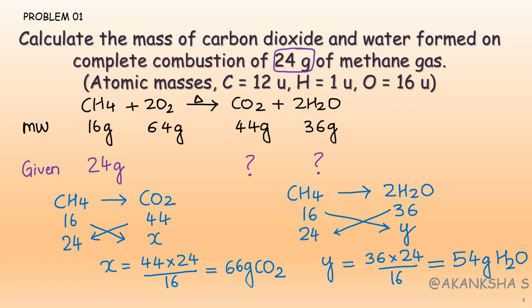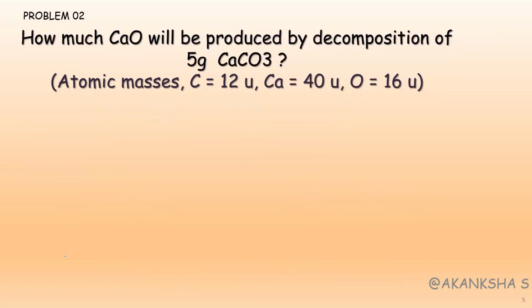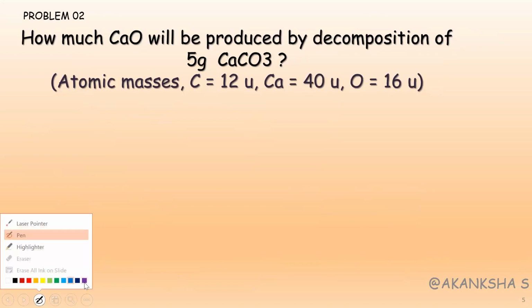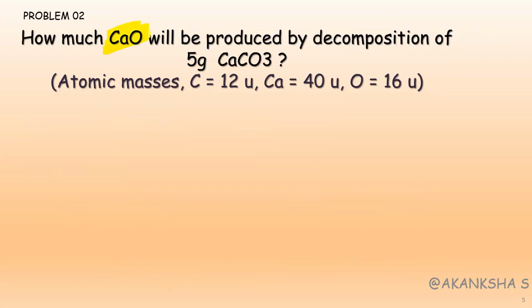By here, if even 10% of your knowledge is clear of how to solve, let's try another question and you would be able to fill in the gaps. Okay. The next question says, how much CaO, calcium oxide, would be produced.